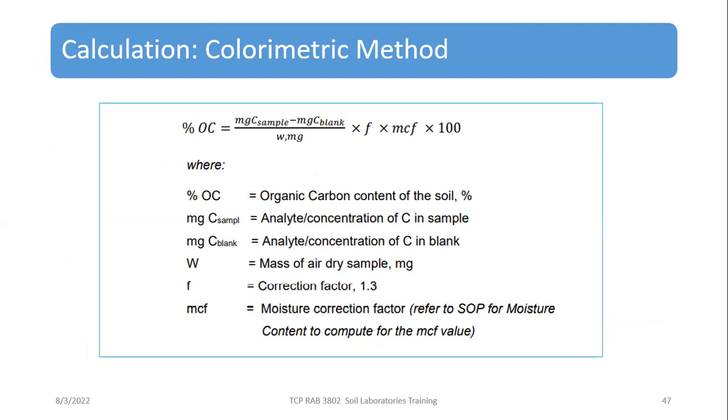For the colorimetric method, the calculation of organic carbon equals milligram concentration in the sample minus milligram concentration of the blank, multiplied by F, MCF, and 10, and divided by weight in milligram.